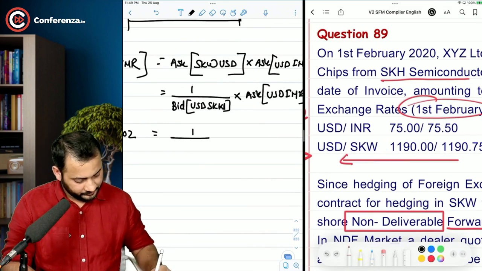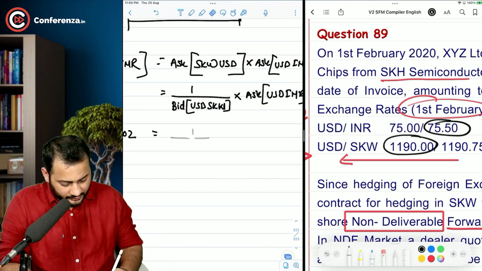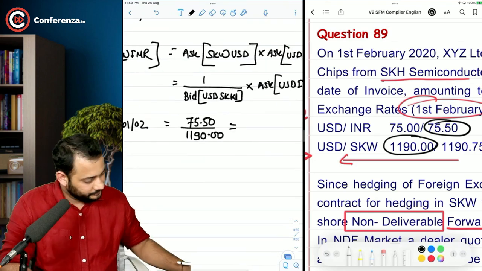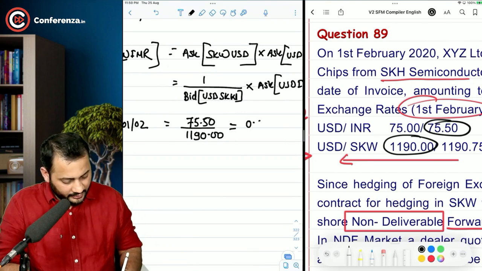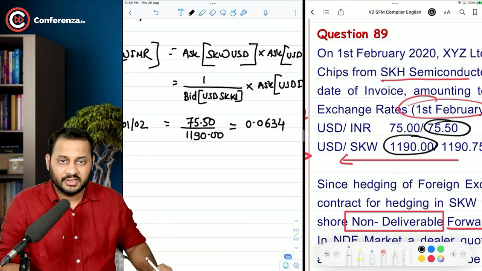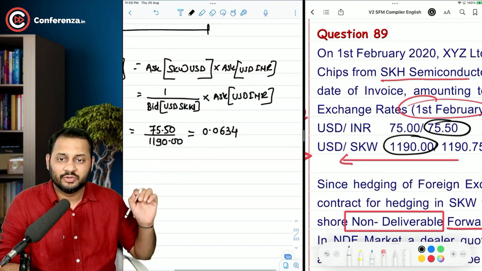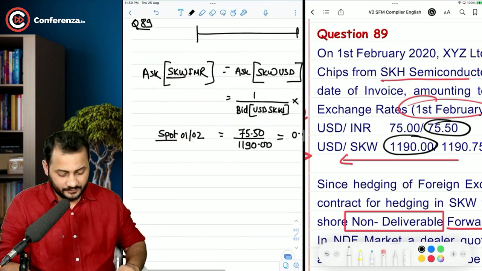Am I right? 75.50 divided by 1190, and this will give you 0.0634. The question clearly asked us to limit the decimals to 4. So this is nothing but 0.0634 rupees per SKW, today's rate.